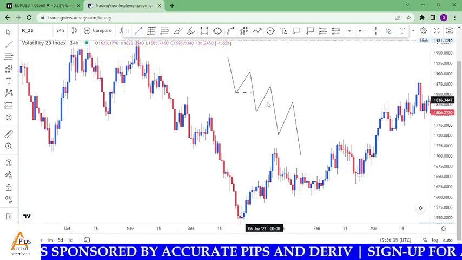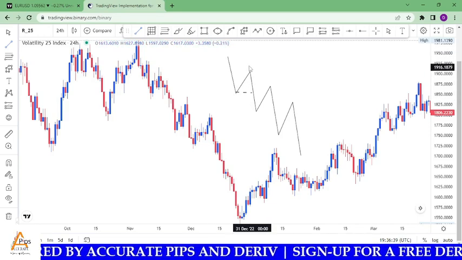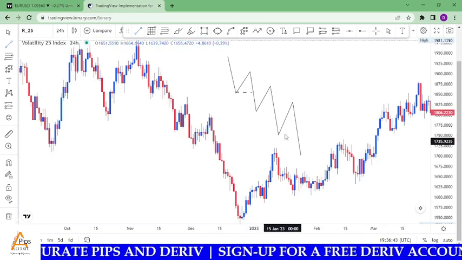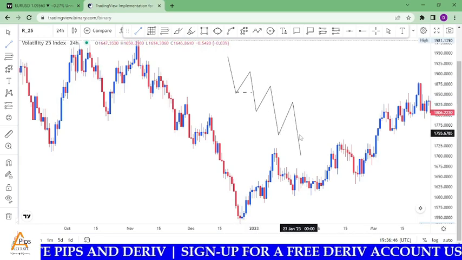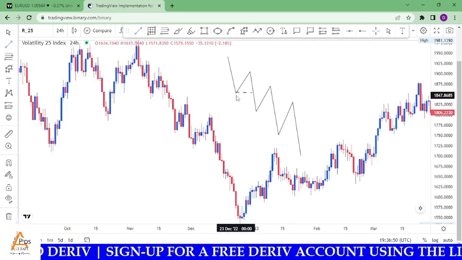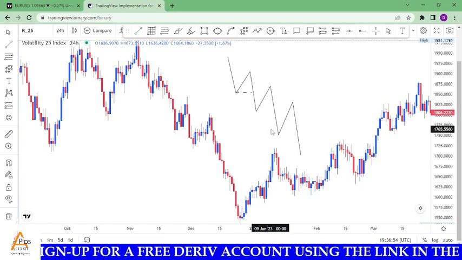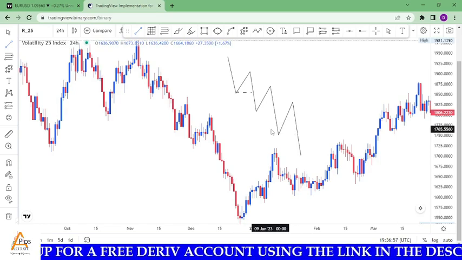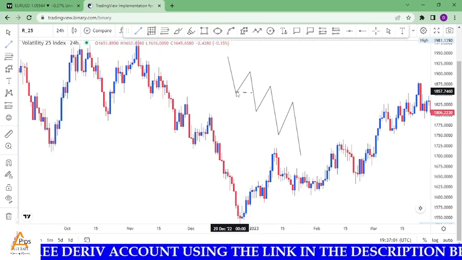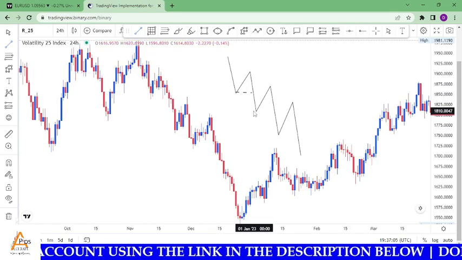So we have here the low, and then a lower high, a lower low, a lower high, a lower low, a lower high. Now, why do we refer to this point as a lower low? It's the same thing I explained in the bullish. If you take this low, the low here is lower than the low over here. Hence, we refer to this low as a lower low.